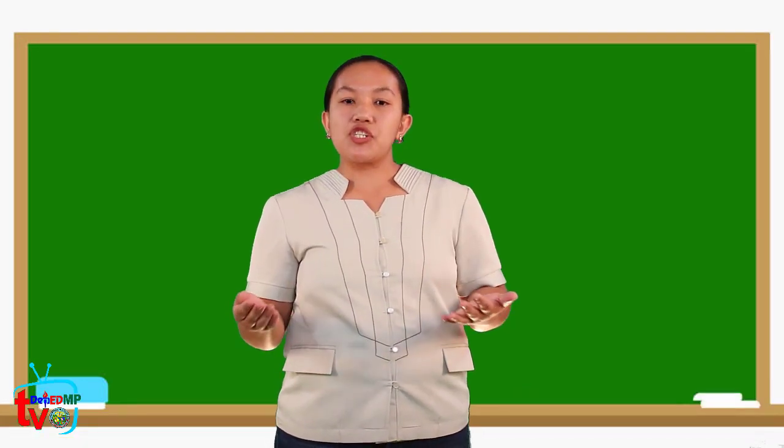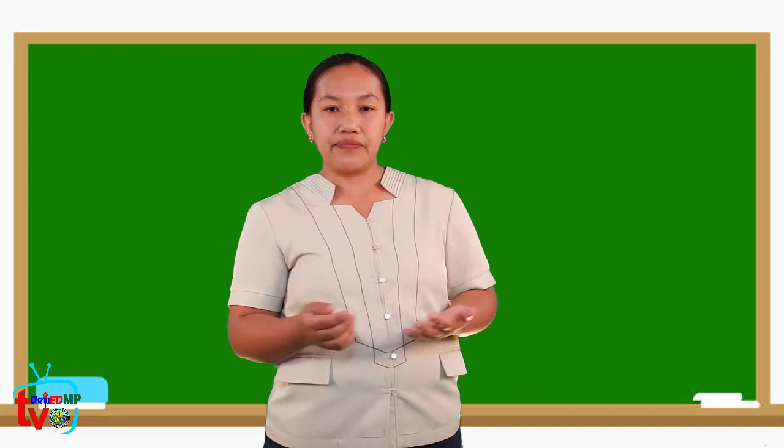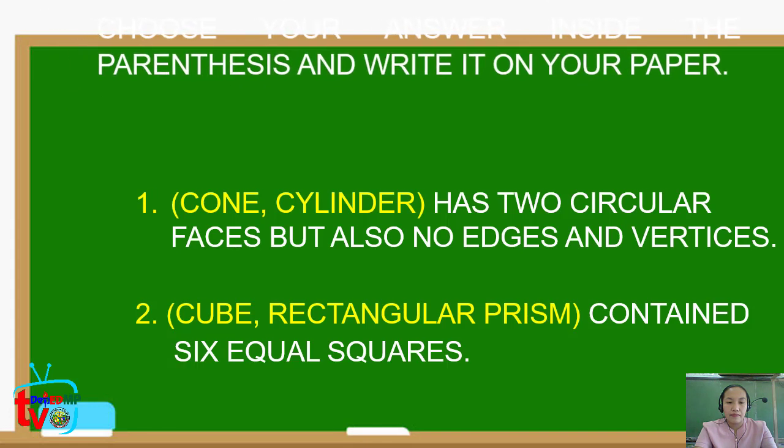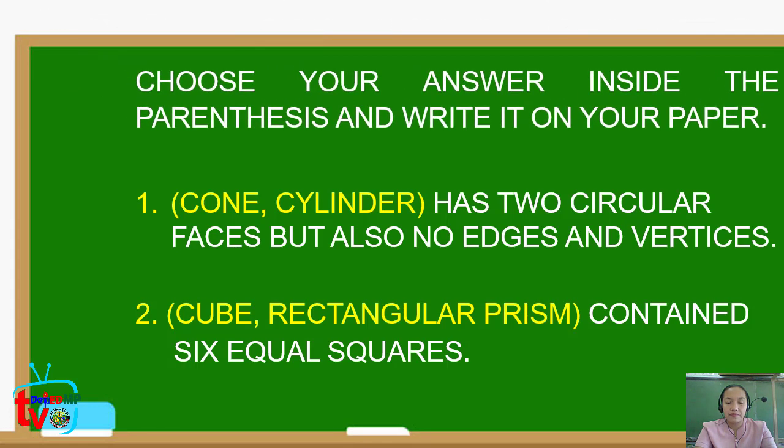This time, let's check what you have learned. Choose your answer inside the parenthesis and write it on your paper. Number 1, cone, cylinder, has 2 circular faces but also no edges and vertices.